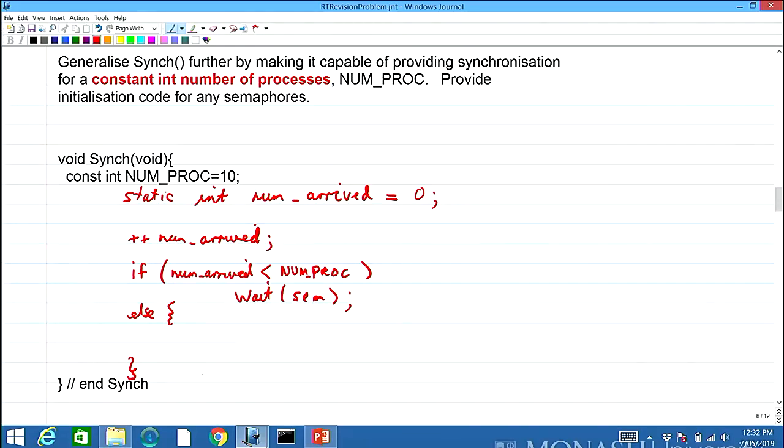All right, so what does that involve? So we need to keep this static variable up to date so the next call will be correct. So what do we do to that? We're going to update num arrived to be what?